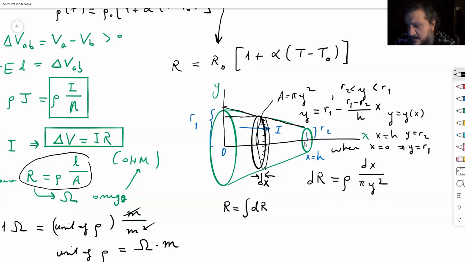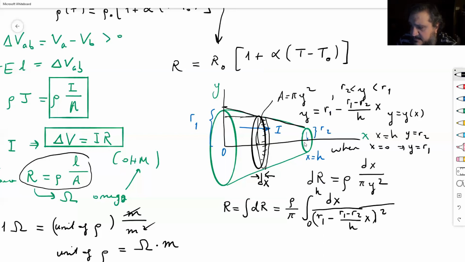Now, rho and pi are constants. I'm going to write them in front of the integral. Rho over pi, integral from x equals 0 to x equals h, dx over y squared, which is R1 minus (R1 minus R2) over h x, squared. Or I can get rid of the negative sign here.